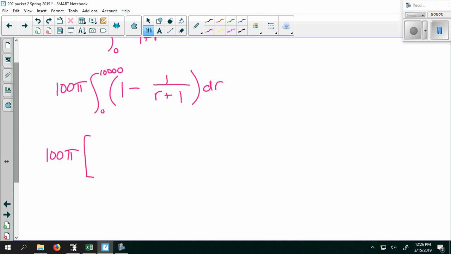times, okay, so the antiderivative of 1 is r, and the antiderivative of 1 over r plus 1 is ln of r plus 1. So I'm evaluating from 0 to 10,000.